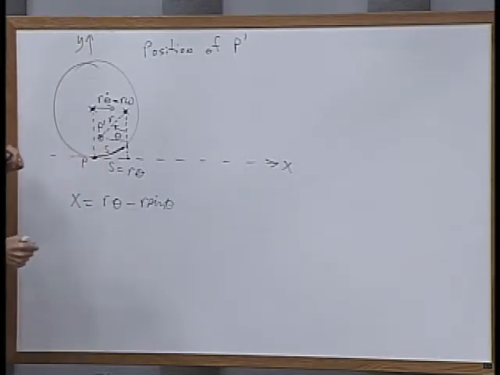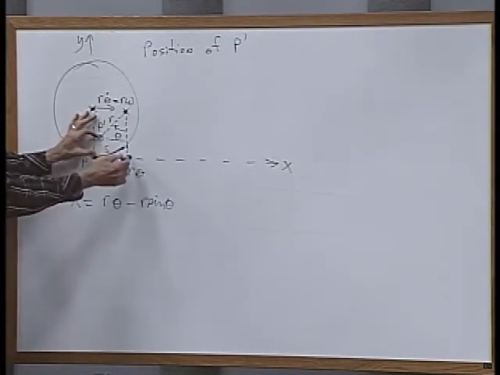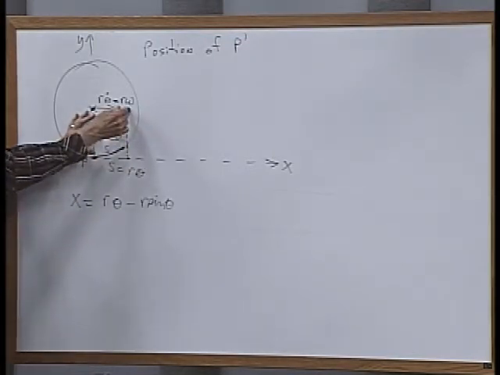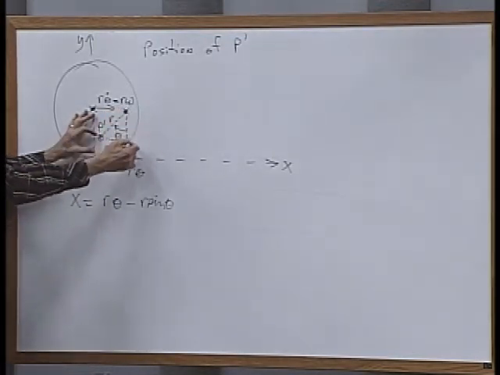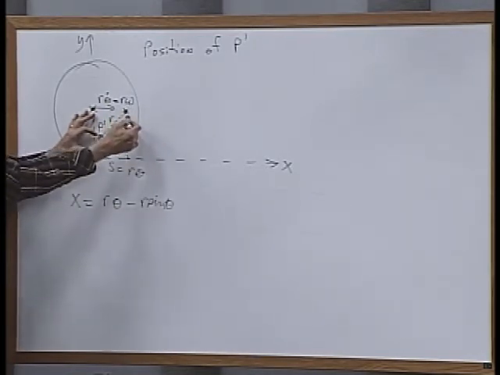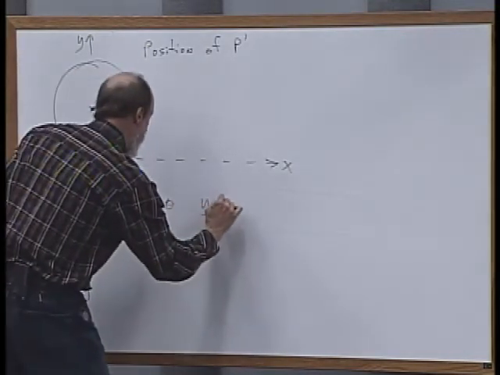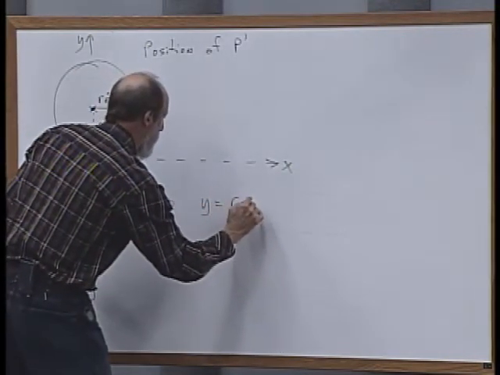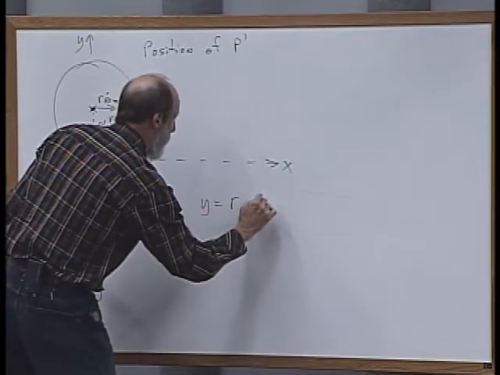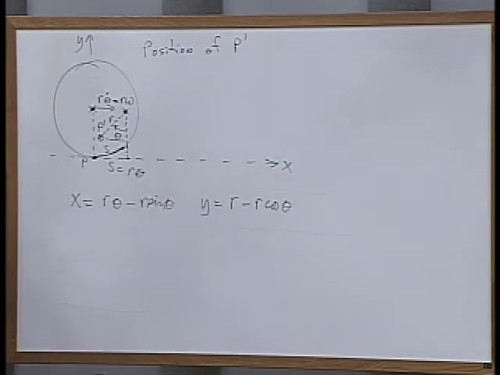Do the same thing for Y. How high up is this point? Go up R and back off R cosine theta. So Y is equal to R minus R cosine theta.